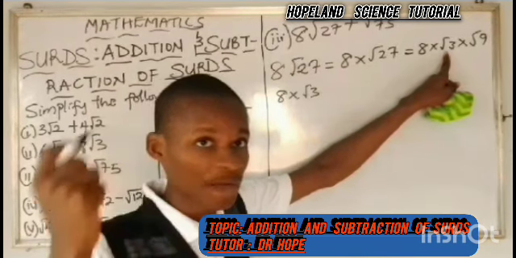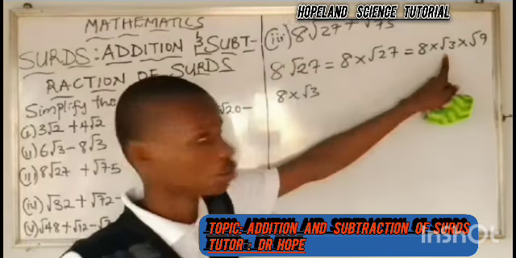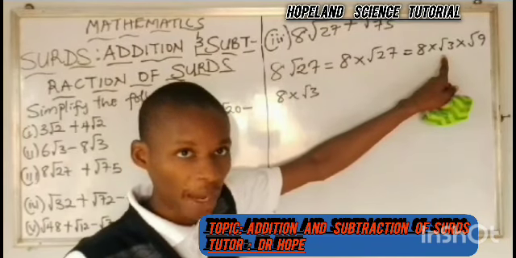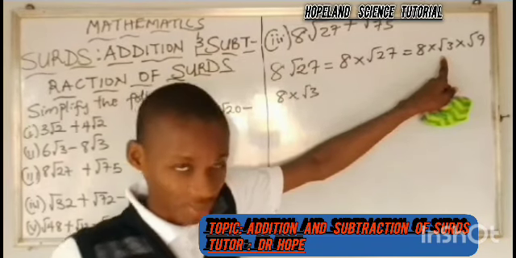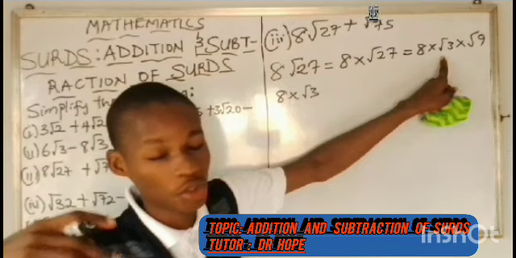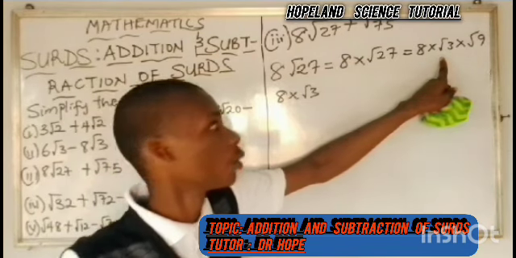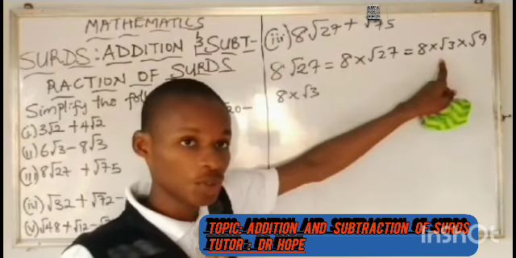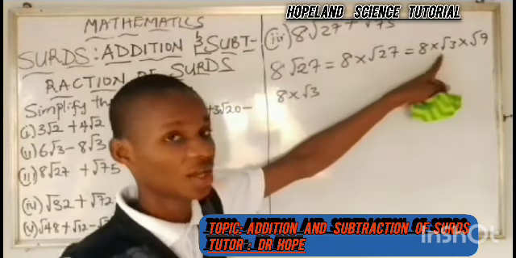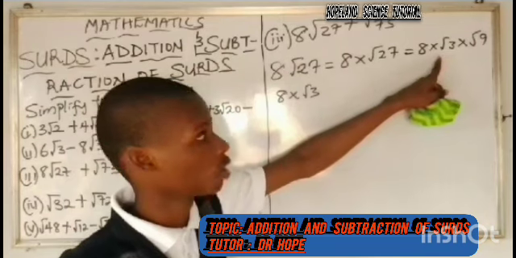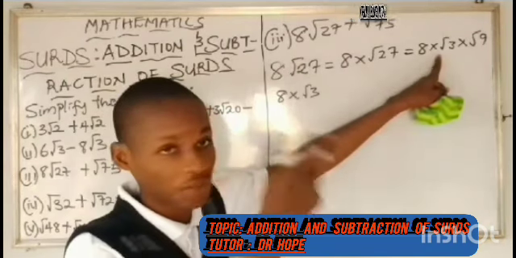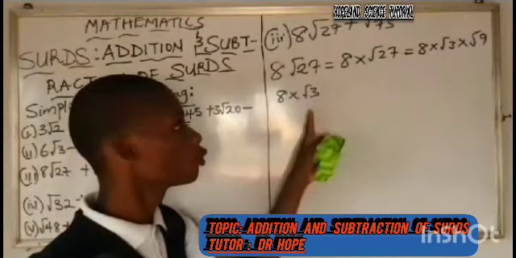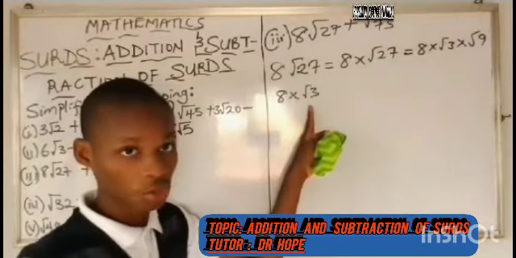If you have seen my previous video, you know that when the root of a number gives us a decimal, that number is an imperfect square. Whenever you are resolving such numbers in surd, you just leave them, nothing will be done to them. So root 3 is an imperfect square, meaning the square root of 3 will give us a decimal, right? So for that reason, we just bring down the root 3 here, nothing will be done to it.